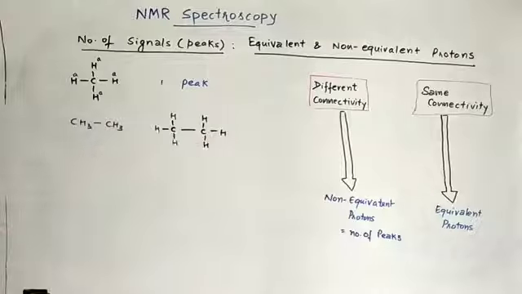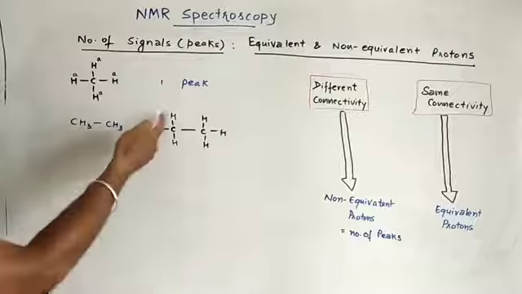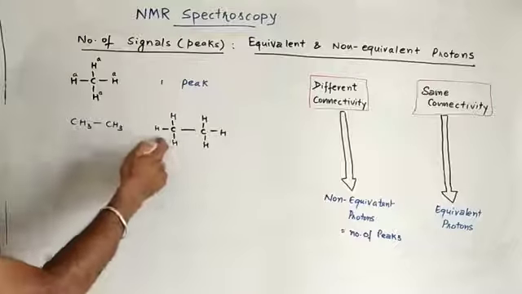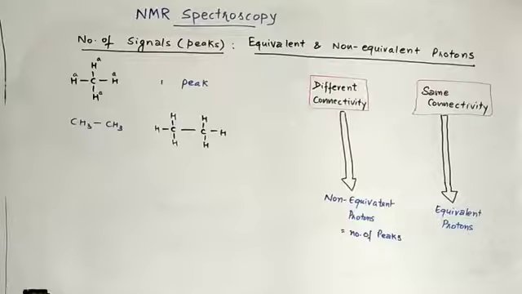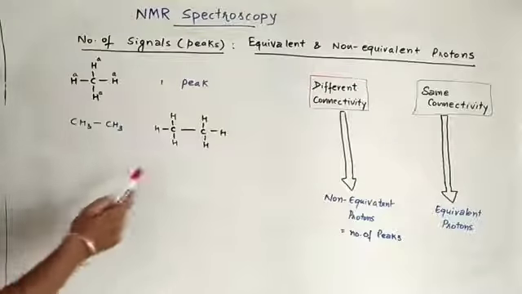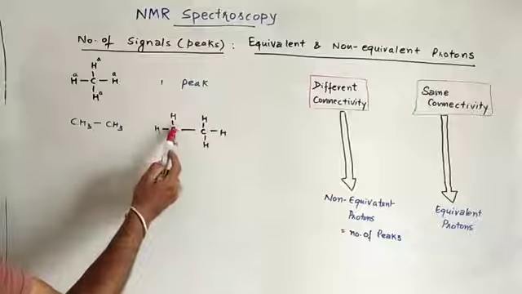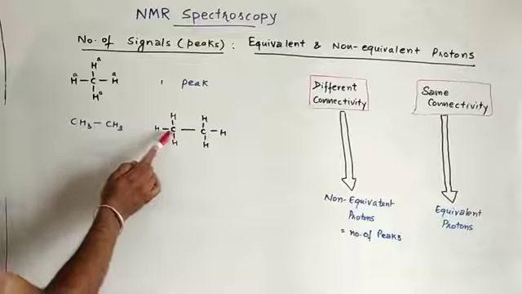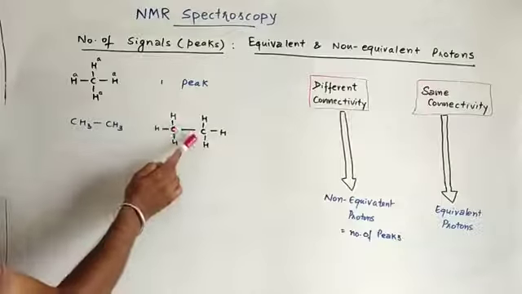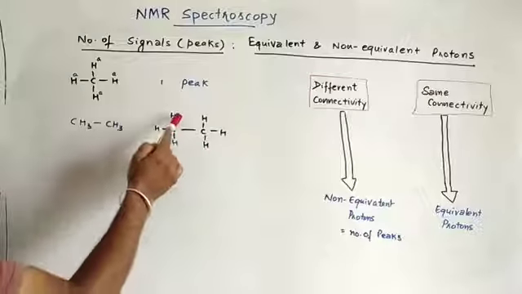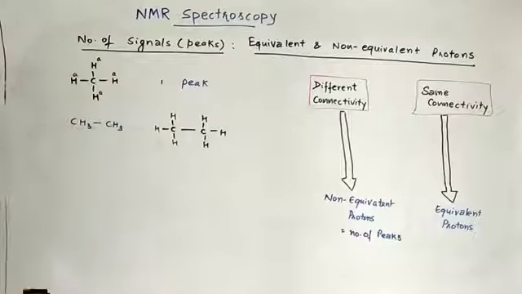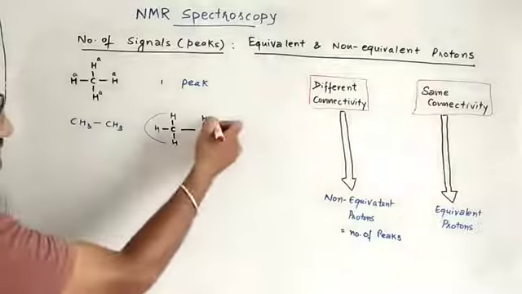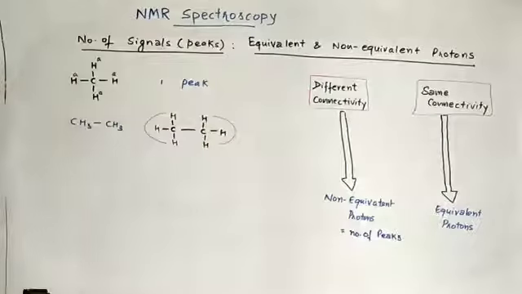See their connectivity, whether it is the same or different. This proton is connected to a carbon with 2 hydrogens, and this carbon is connected to a methyl group. This proton is again connected to a carbon with 2 hydrogens and a methyl group. So these three protons have the same connectivity. Similarly, all these three protons have the same connectivity.